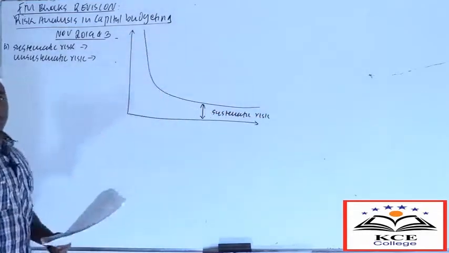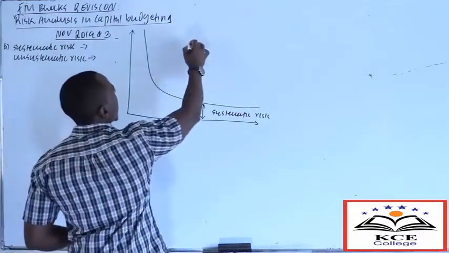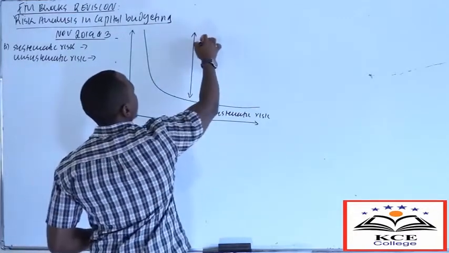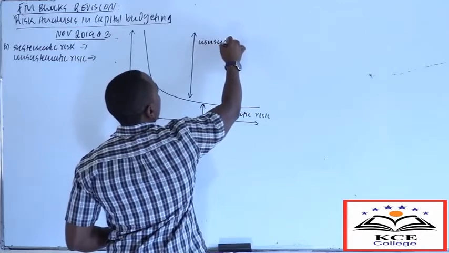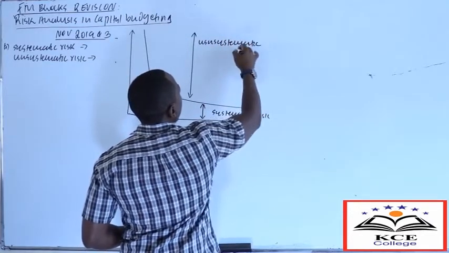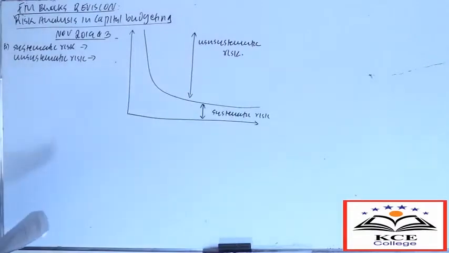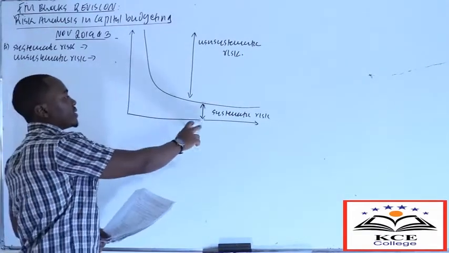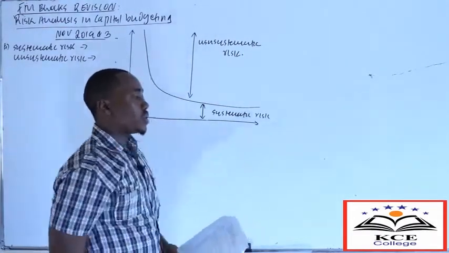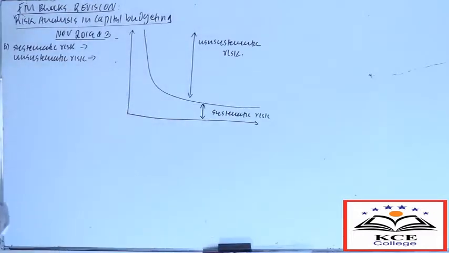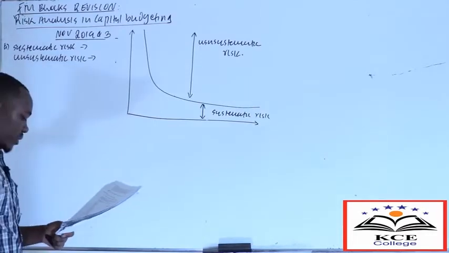But the one that keeps on changing, those are what we call unsystematic risk. Unsystematic risk means diversifiable risk. Systematic risk is undiversifiable risk. So that's how you explain the difference between systematic and unsystematic risk. Now let's do part B of the question.